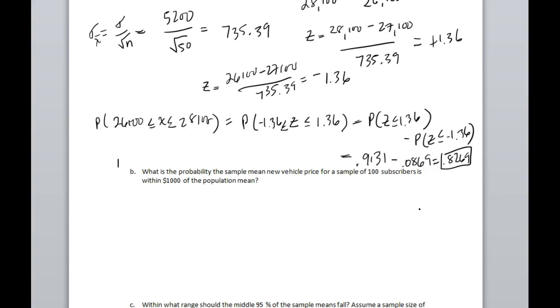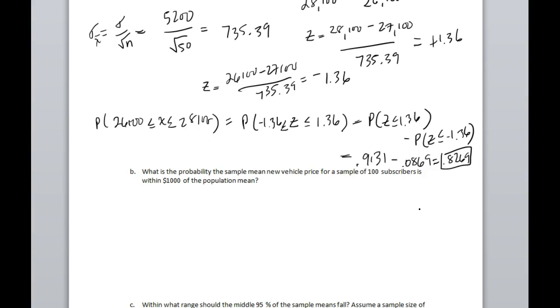We're still looking within 1,000. So when we go to find our z values, the top part of the fraction is still going to be 28,100 minus 27,100, giving us a positive 1,000 for one end, and then a negative 1,000 for the other end. So that's not going to change.